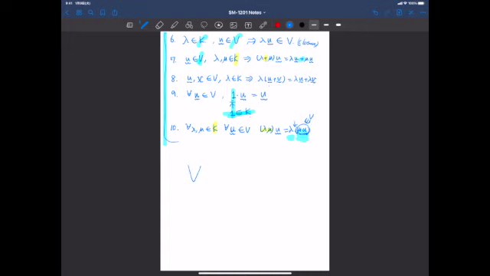Instead of an array of numbers, we just require some set satisfying all these rules to be a vector space. So this is an abstract definition of vectors, and in fact in some fields, vectors are not just arrays of numbers. They can be functions.